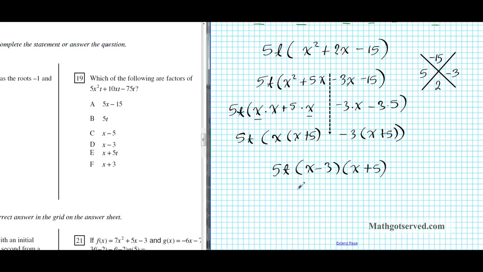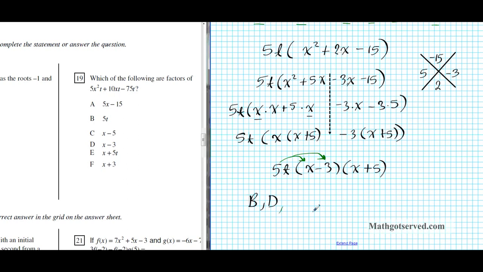All right, so our factors are B. We're sure that B is a factor. And then, let's see, do we have x minus 5? x minus 3 is also a factor, so we select D. Now, if you look at 5x minus 15, if I distribute 5 to x minus 3, I'll get 5x minus 15.